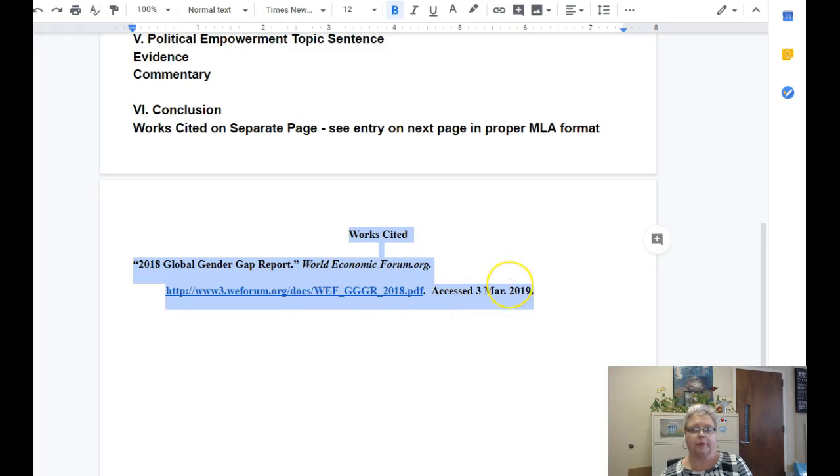Of course, the only thing that would be different is maybe the date that you accessed the Global Gender Gap report.